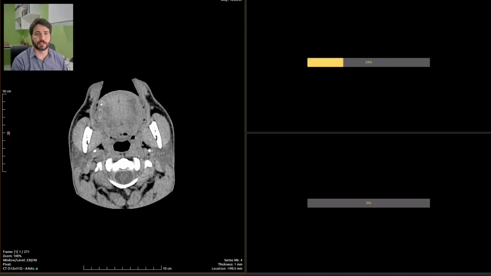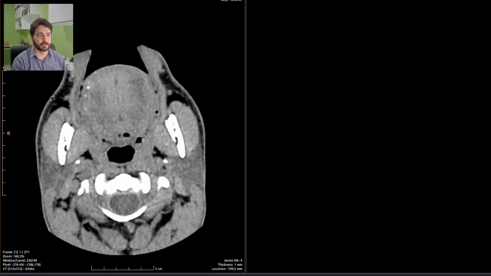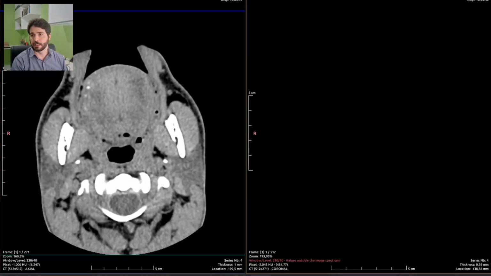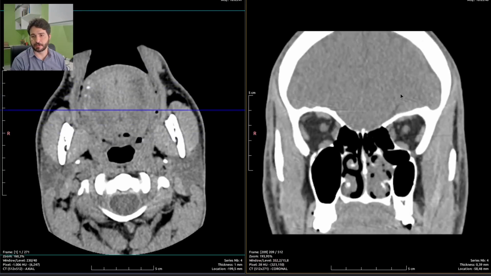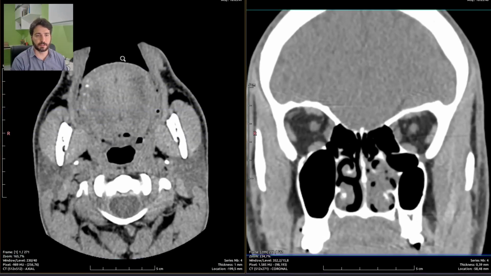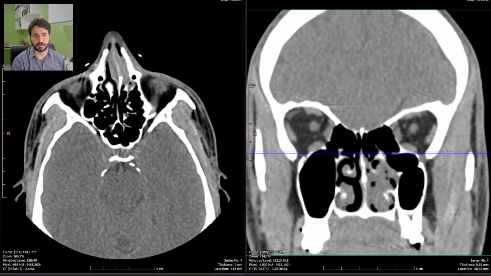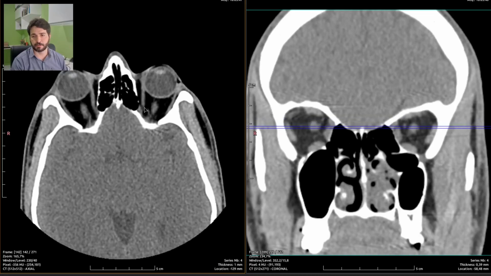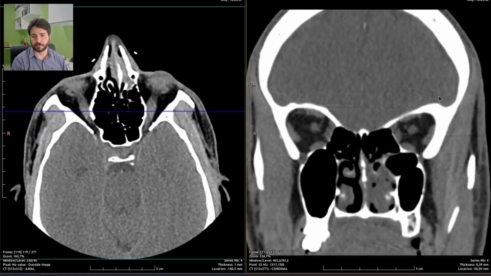Let's hit MPR because the best projection to analyze paranasal sinus is the coronal one. So this is the coronal and this is the axial. I can't really care much about sagittal views. I'm gonna keep the axial here so you guys can have a notion of what I'm looking at.